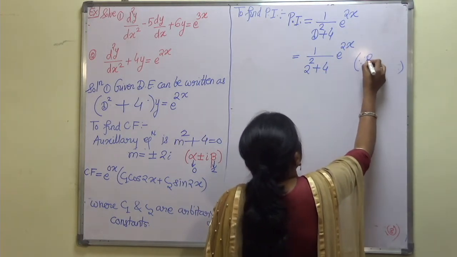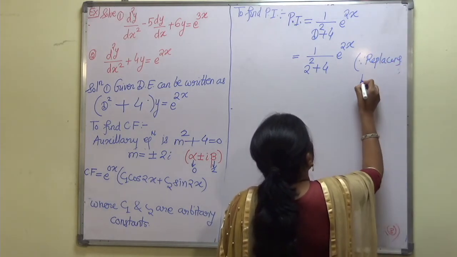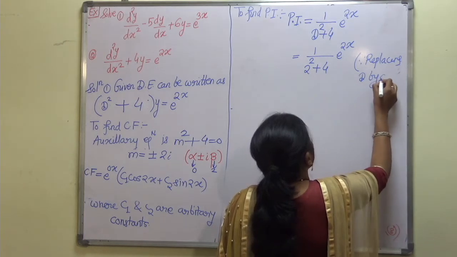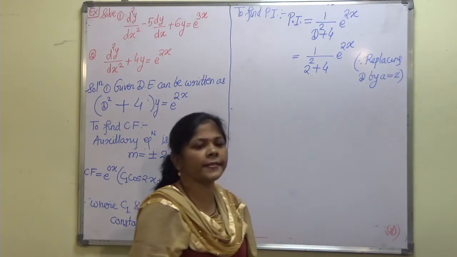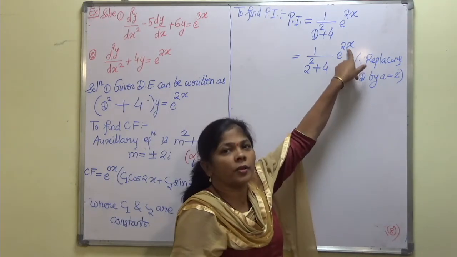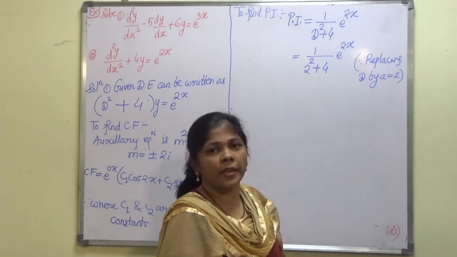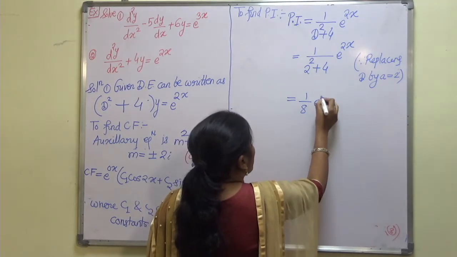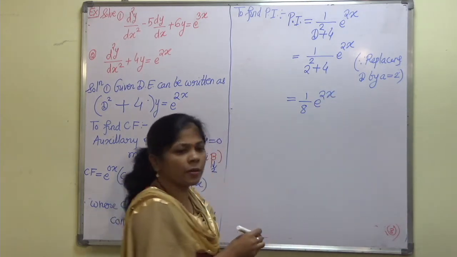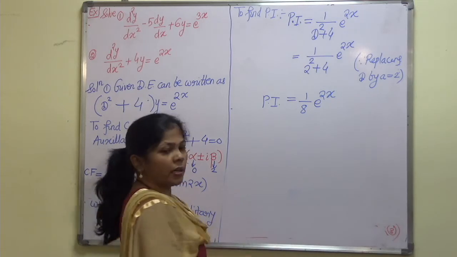Since replacing d by a is equal to 2. How to get a? a is nothing but the coefficient of x in the exponential term. So what is the coefficient of x in the exponential term? That is 2. So that's why a is 2. Okay. Simplify. So you will get 1 by 8 e raised to power 2x. So this is the required particular integral.